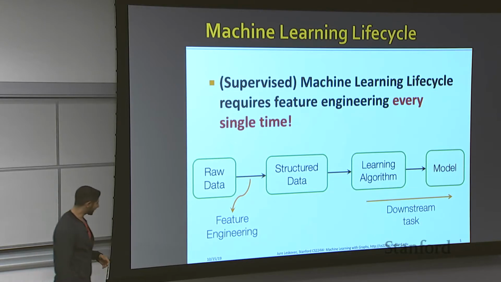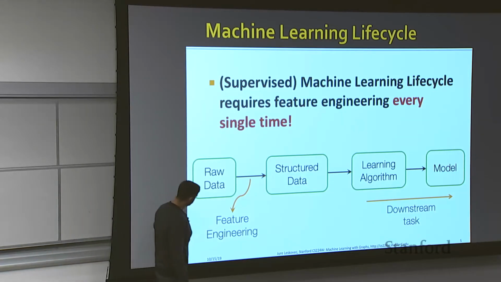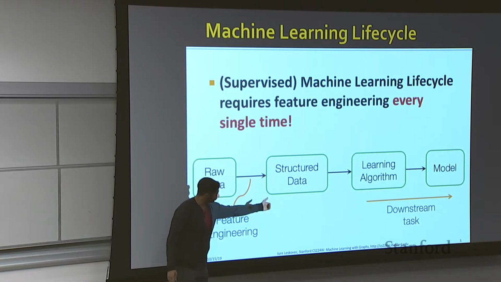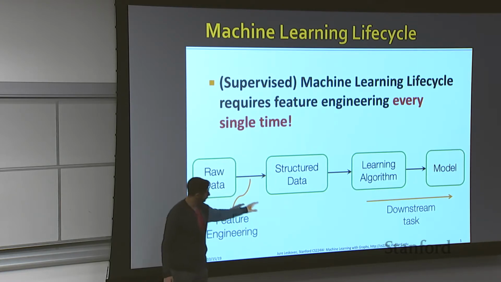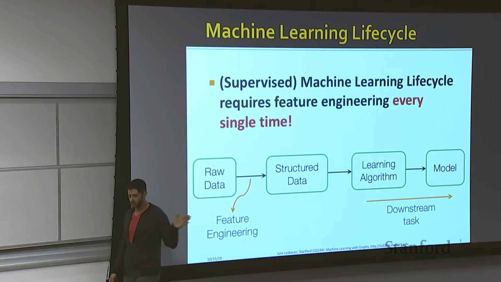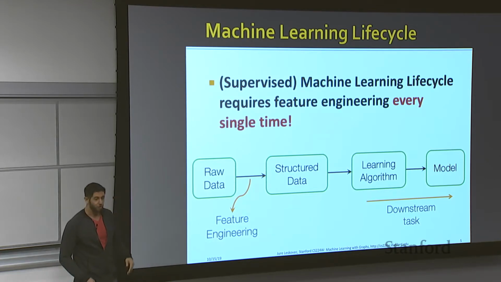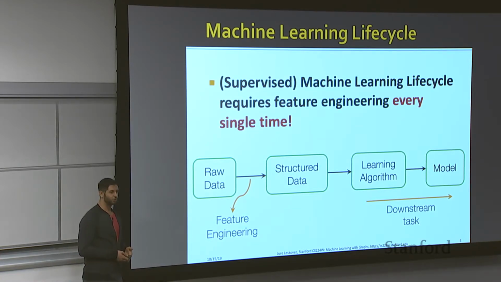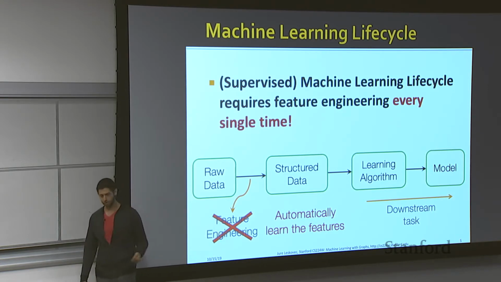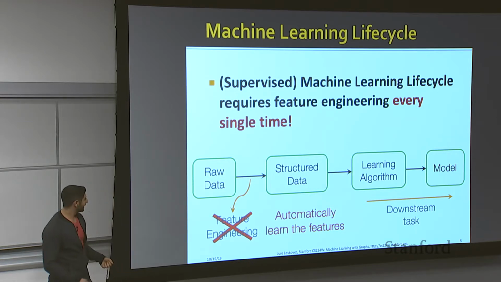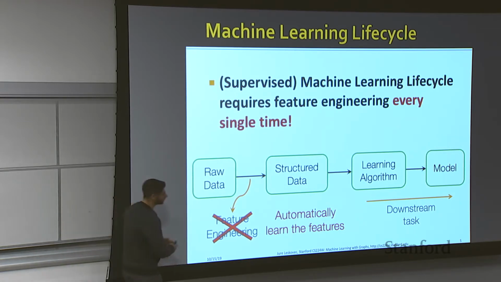Once we're able to do all of this, we're able to work on our downstream task. Once we obtain our structured data, we can think about different predictive tasks. Now, what would make our life much easier is to get rid of feature engineering, so that we automatically learn the features. This is possibly one of the two main promises coming from deep learning.